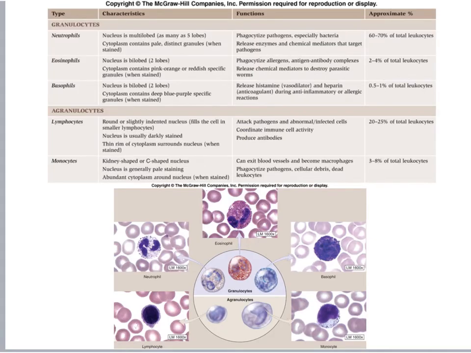So here's the white blood cells. There are 5 different types of white blood cells: the granulocytes and the agranulocytes. Granulocytes contain obvious membrane-bound cytoplasmic granules, and agranulocytes lack obvious ones. Now they all have a little bit, but you can see them much more obviously in our granulocytes.